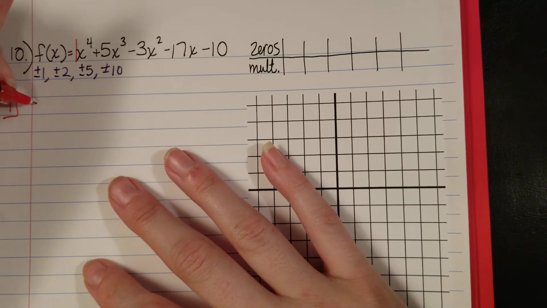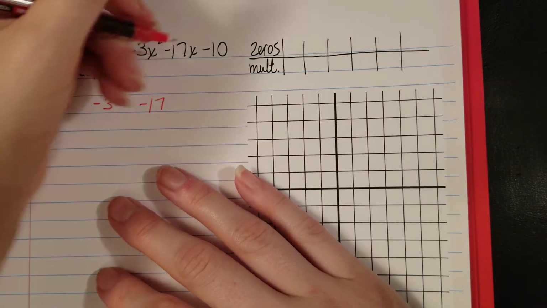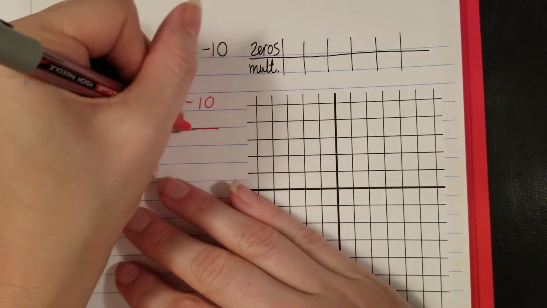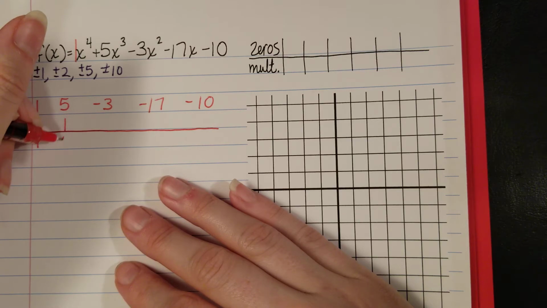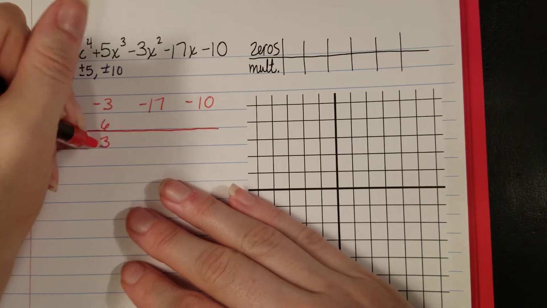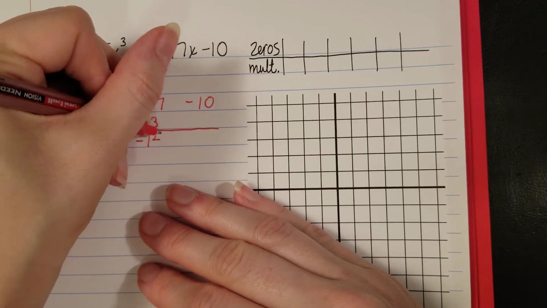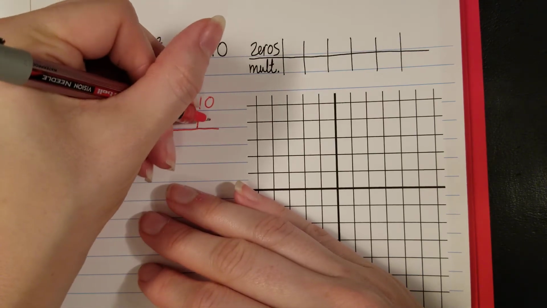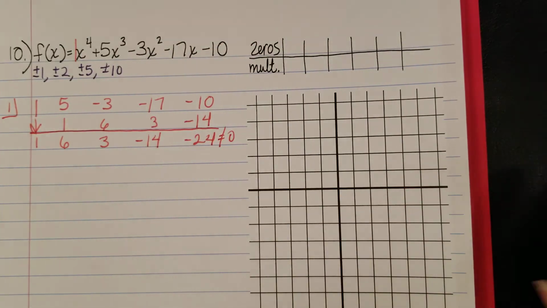And my coefficients, I've got 1, 5, negative 3, negative 17, negative 10. Bringing down the 1, then 1, 6, 6, 3, 3, negative 14, negative 14, negative 24, not equal to 0. So 1 didn't work.